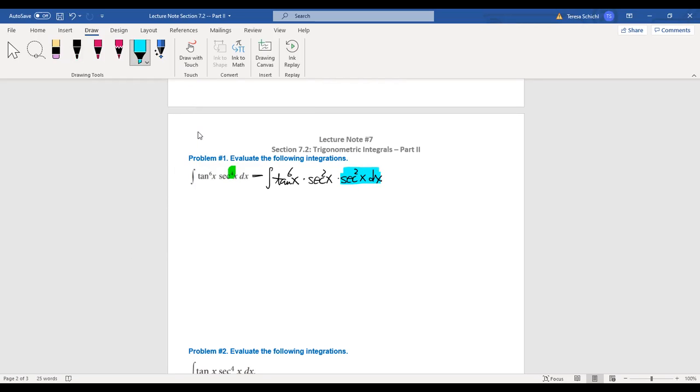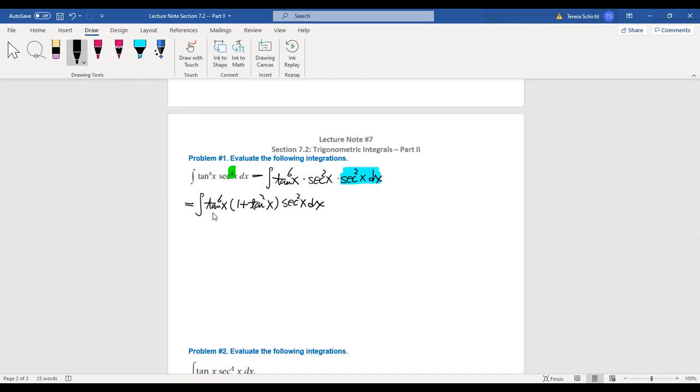Because I want this to become my du. Now the remaining secant square x is 1 plus tangent square x, and then we have secant square x dx here.